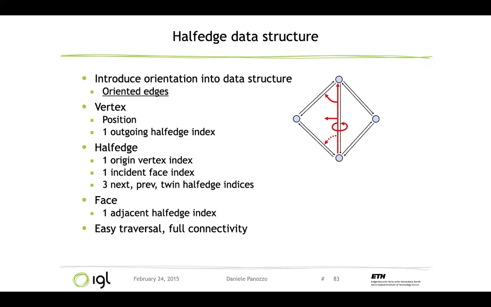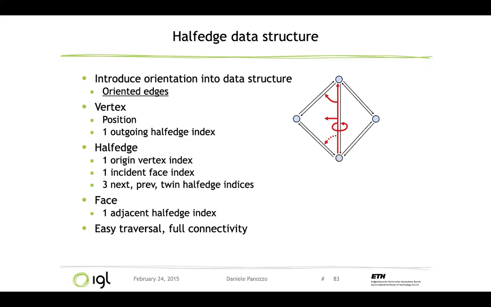And the half edge is the most complex part and encapsulates all the topology, because it has a pointer to the origin vertex, a pointer to the incident face, and three pointers to other half edges: one to the previous in the loop, one to the next in the loop, and another to the twin half edge.